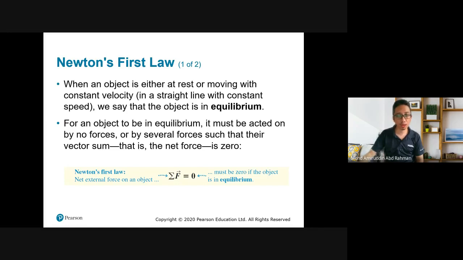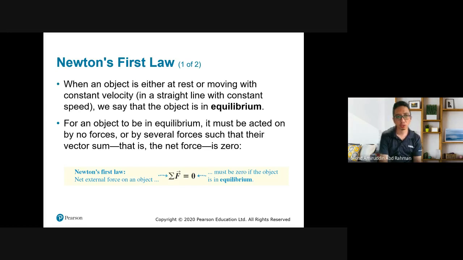Let's say now we are into our first Newton's law. So what is the first law of Newton? When an object is either at rest or moving with constant velocity, meaning that the acceleration is zero, so it is in a straight line with constant speed, we say that object is in equilibrium.